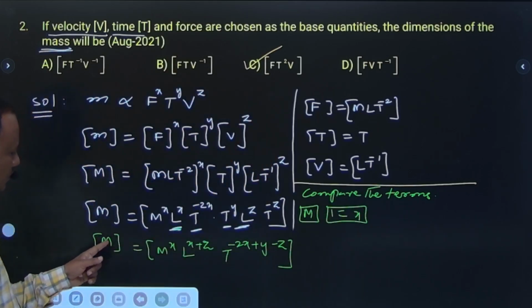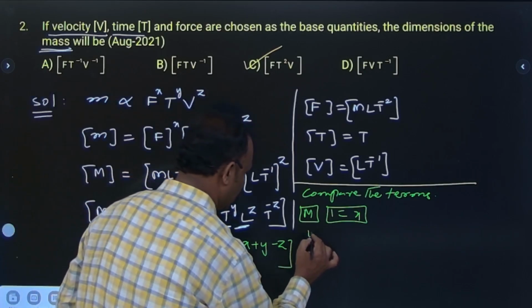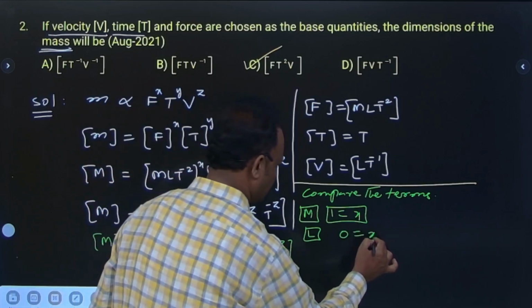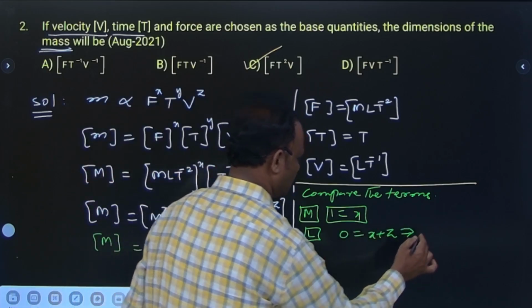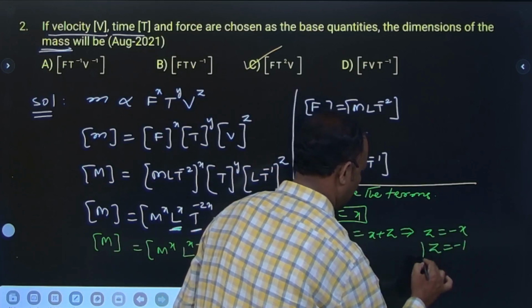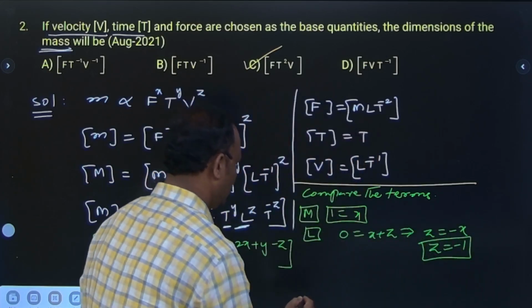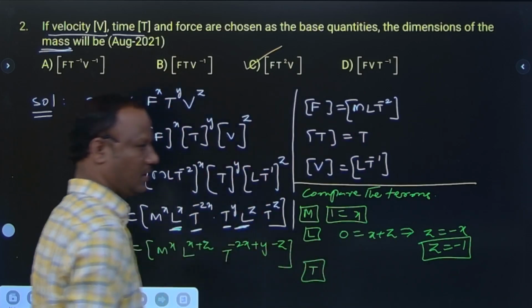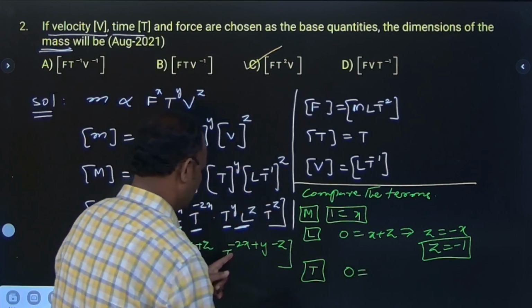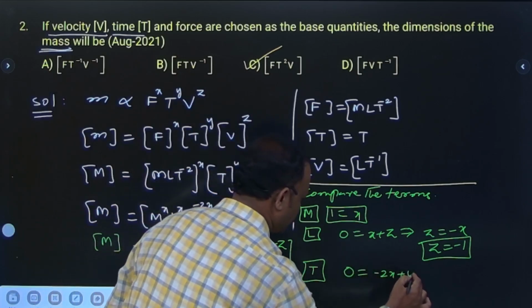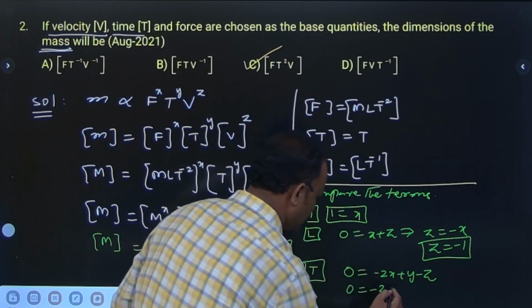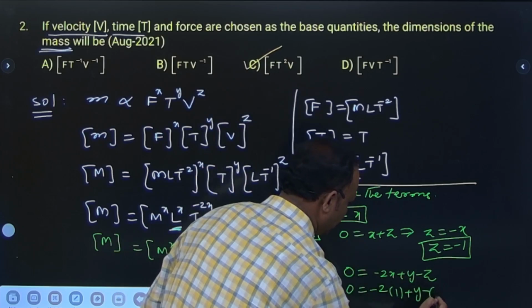And L is 0, T is 0. Second, compare L: 0 is equal to x plus z, so z is equal to minus x, which is minus 1, and x is 1. Now compare the terms of T. T is 0, so 0 is equal to minus 2x plus y minus z. 0 is equal to minus 2 times 1 plus y minus of minus 1.